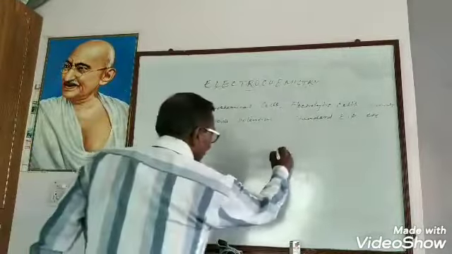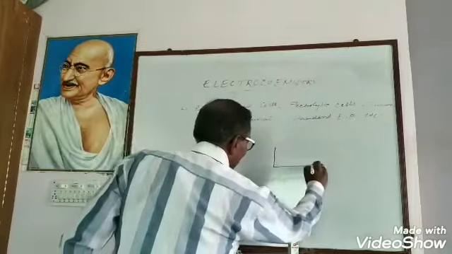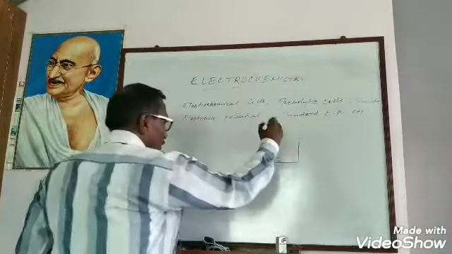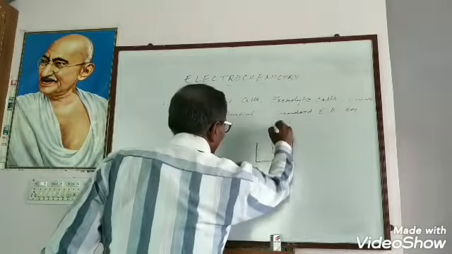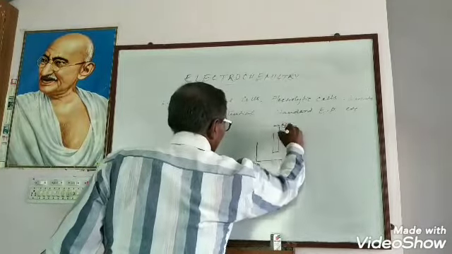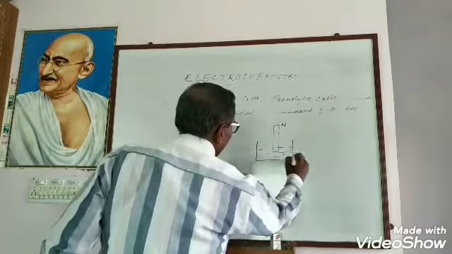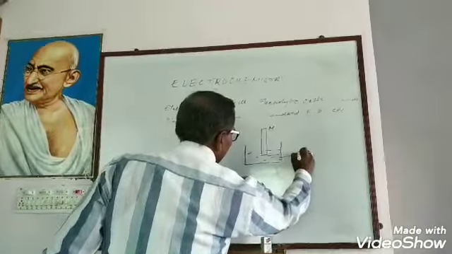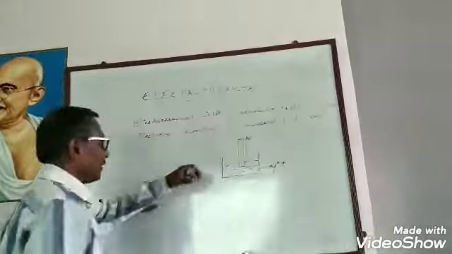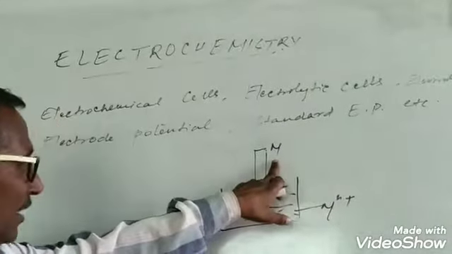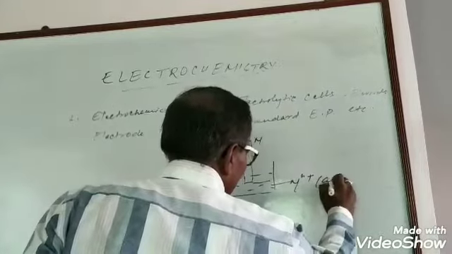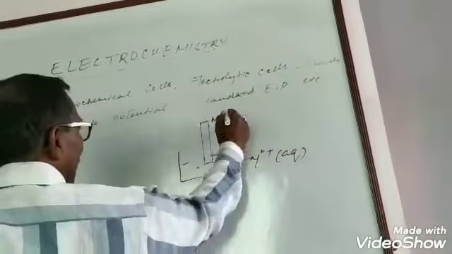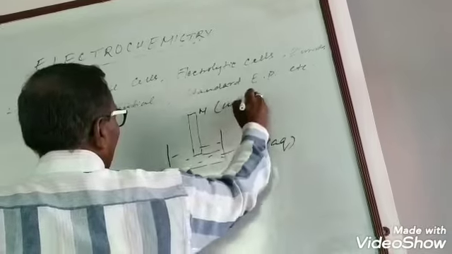Say for example, here we can draw a simple diagram for an electrode. Here is metal, here is electrolyte that is represented by Mn+ aqueous for electrolyte and M for metal.